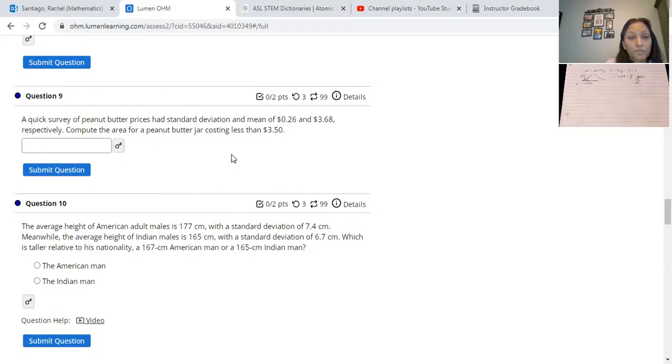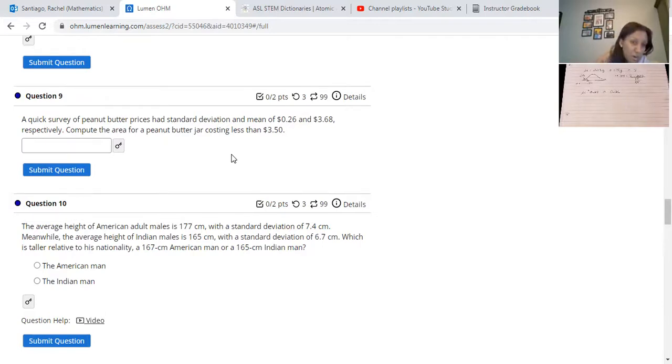All right, Surujni, talk me through this. What information do you know? The mean is 0.26. The standard deviation is 3.68. Switch them. Oh wait, yes. Good. So the mean is 3.68 and the standard deviation is 0.26. Would the 3.50 be the N?